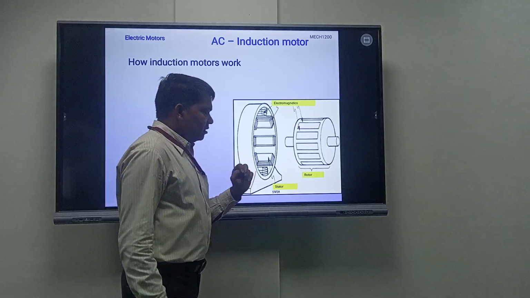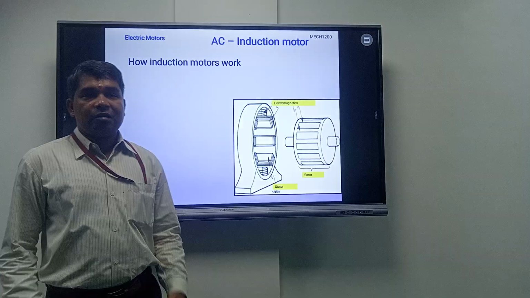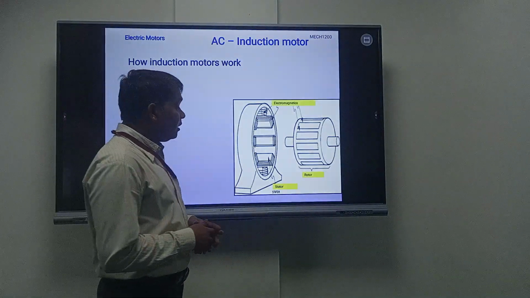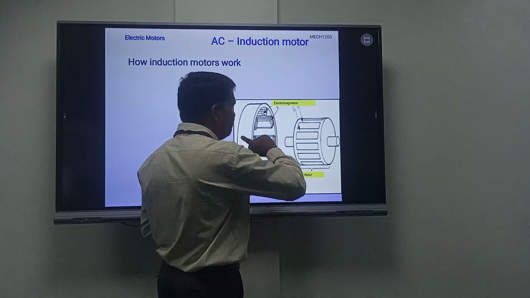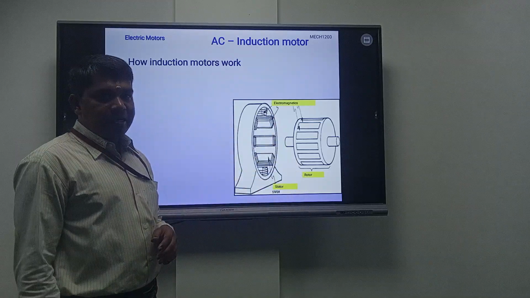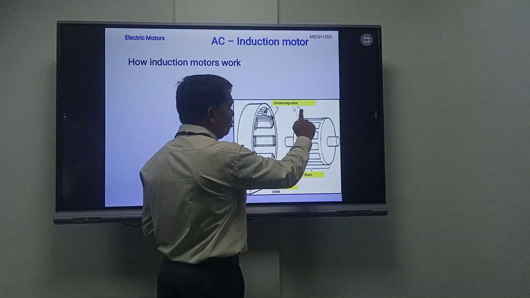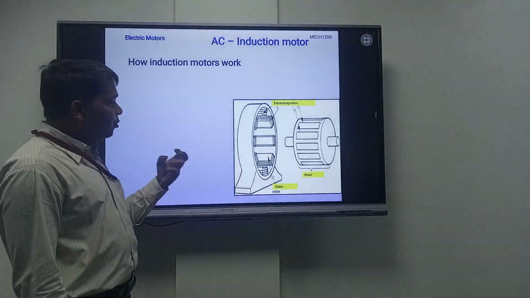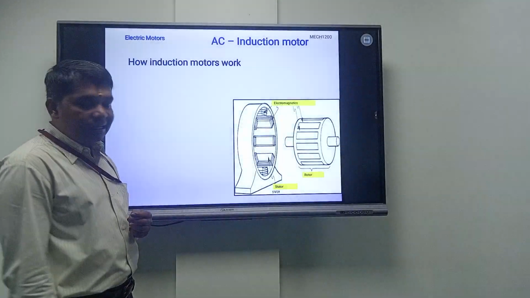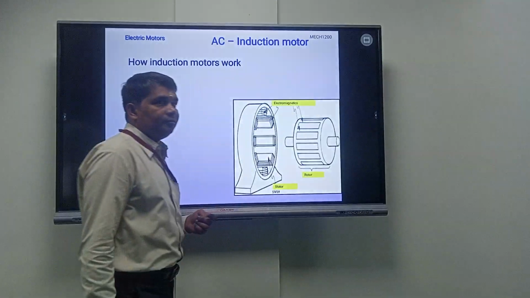So when you give supply to the stator winding, there will be a stator current flow. That stator current will make the EMF induced in the stator winding. The stator current will also produce a rotating magnetic flux that will link your rotor conductor.